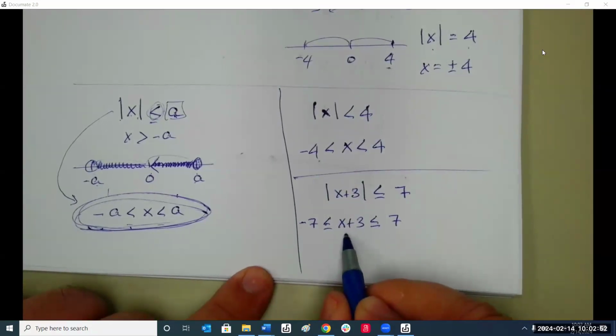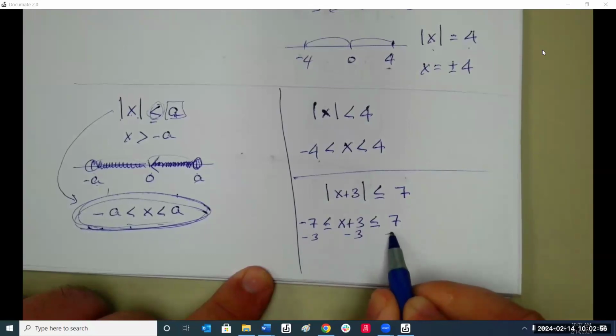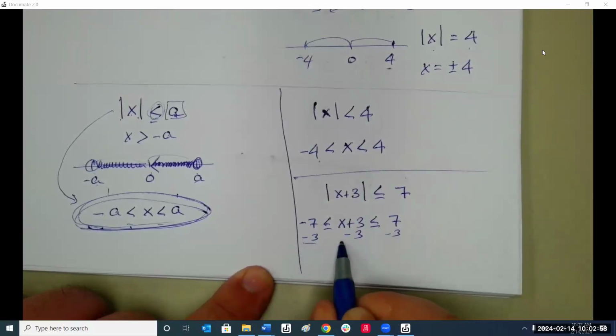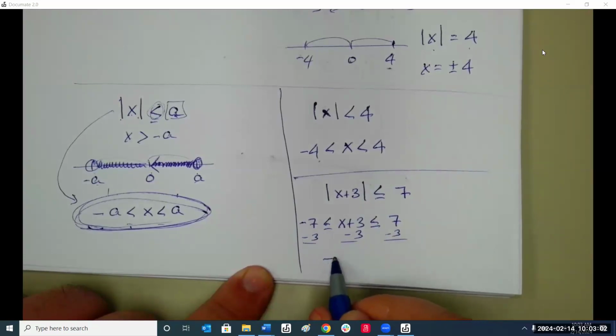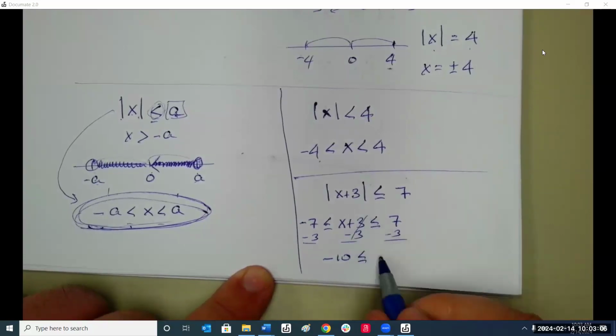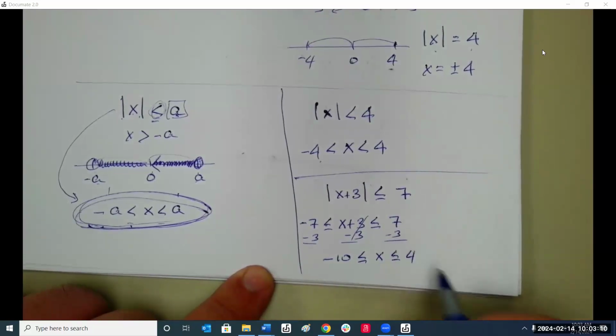So now solving for x, we subtract 3. -7, negative, they're both negative, so we add them. The 3's cancel. 7 minus 3 is 4.